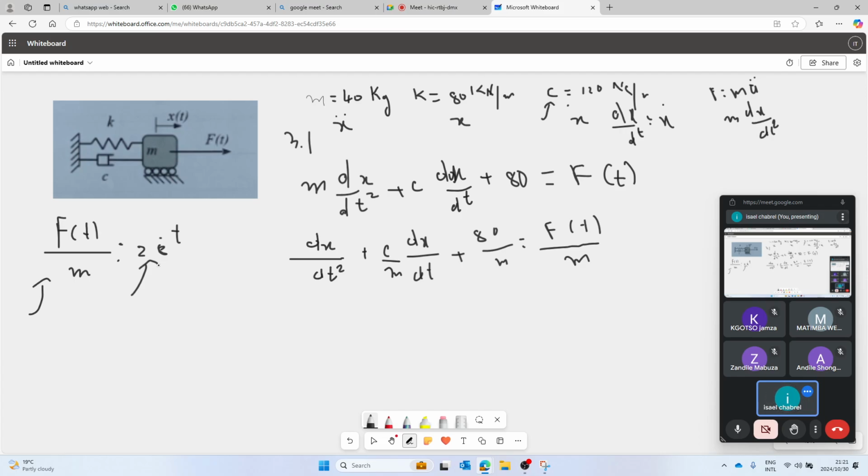Yes, they say determine the response of the system with initial conditions. This is really, really important. They want you to solve for the response function. Whenever you are asked for the response function, we use Laplace. And guys, whatever we are doing here, you did it last semester, Math 4.